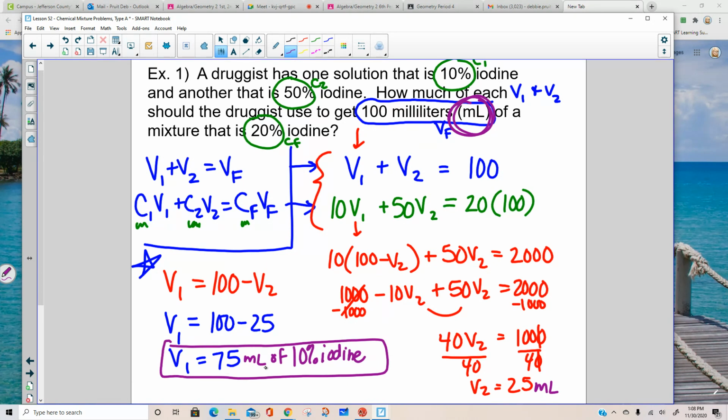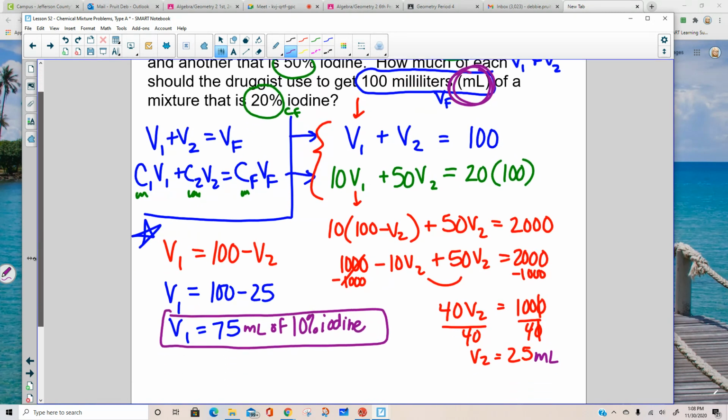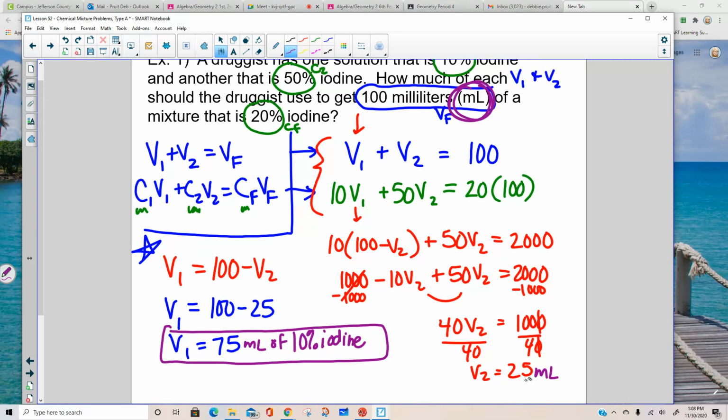The units, milliliters, and then the concentration, and then what it is. And then the second one, V2, was the 50%. 25 mL of 50%, and then if it's a chemical, you can abbreviate if you know the abbreviation. Iodine is I, I think, hopefully.